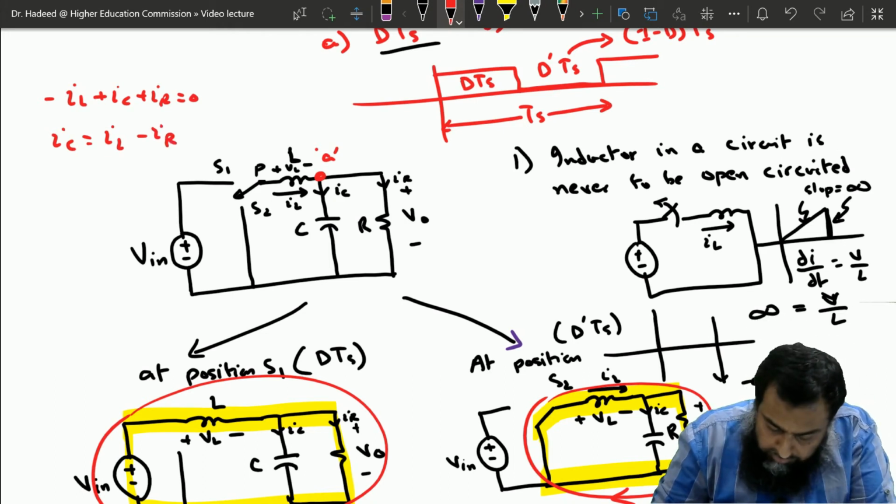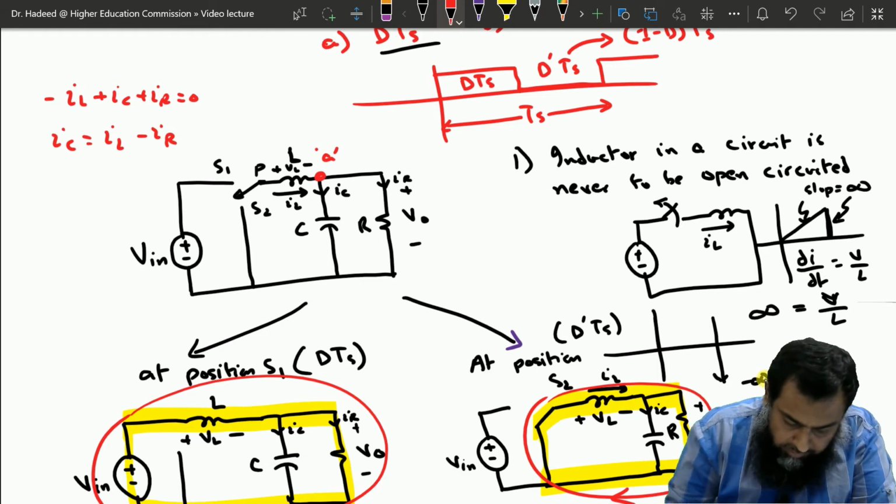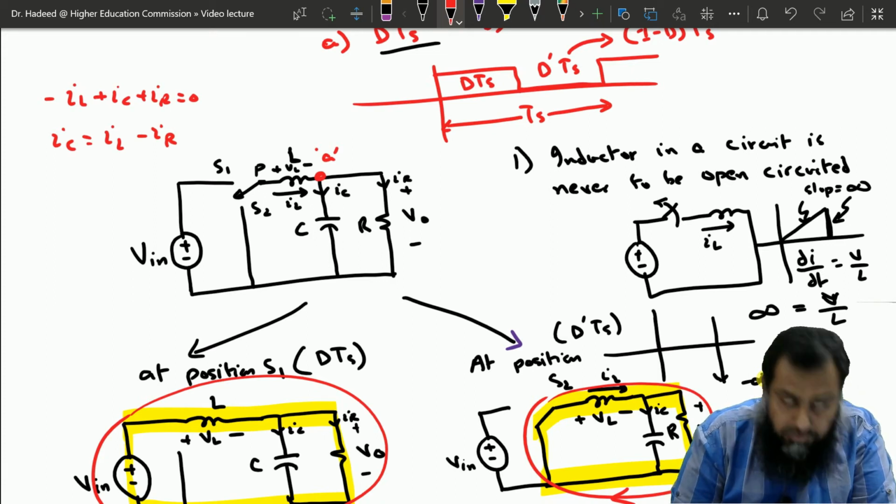And also for this off period of time, this is the same. For on period of time, when the switch is in position number 1, we have the same equation for the current.